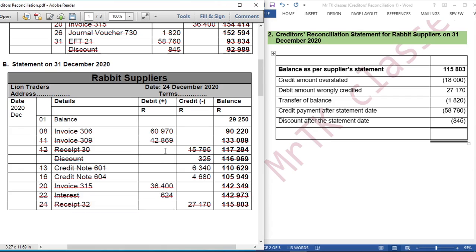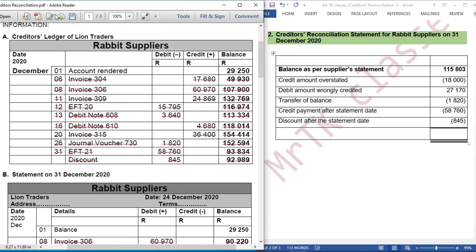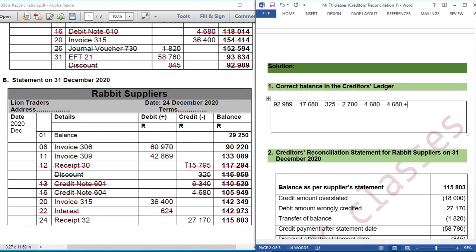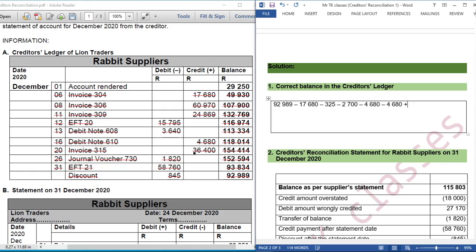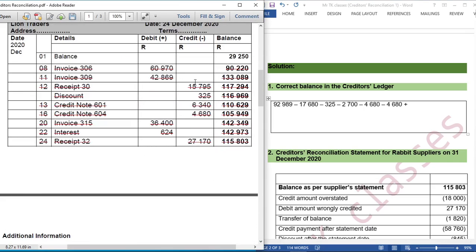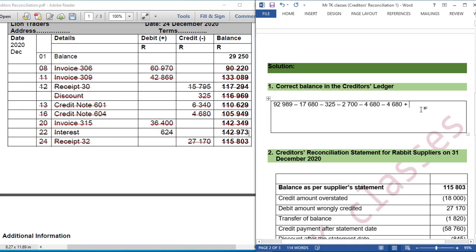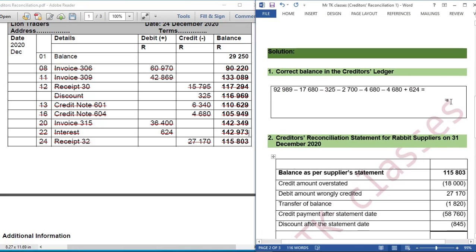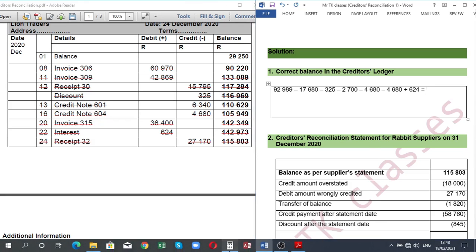Now that we see it on the statement, we should also update the creditors ledger by increasing the amount due. It should be under the credit column. So what is the amount again? 624.